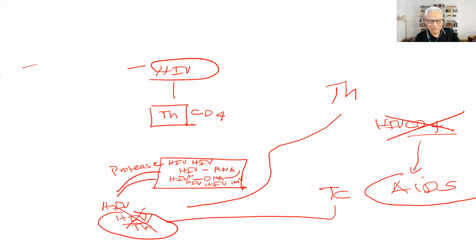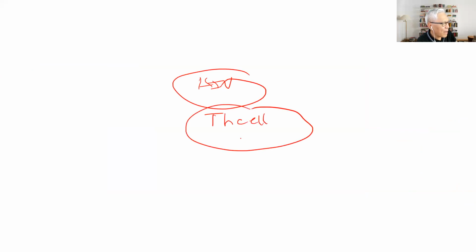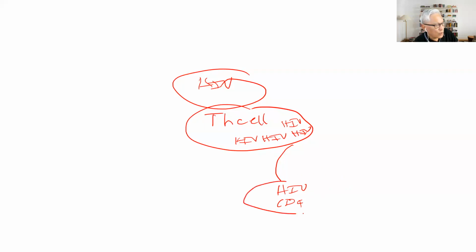All right. So again, let me simplify it. HIV comes, it attaches itself to Th cells. The Th cell now manufactures a lot of HIV because of reverse transcriptase. Once HIV comes out, it's HIV plus a little bit of CD4. Similar to you, you're not a product only of your mother, you're a product of your mother and father. So you now have HIV CD4.